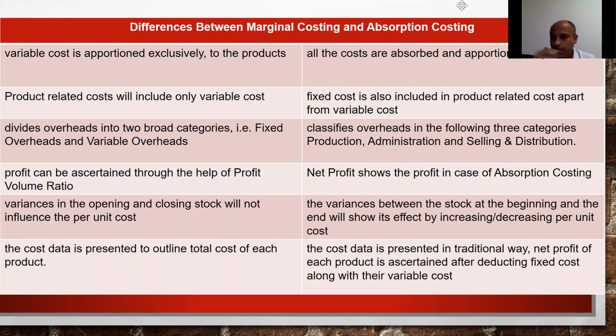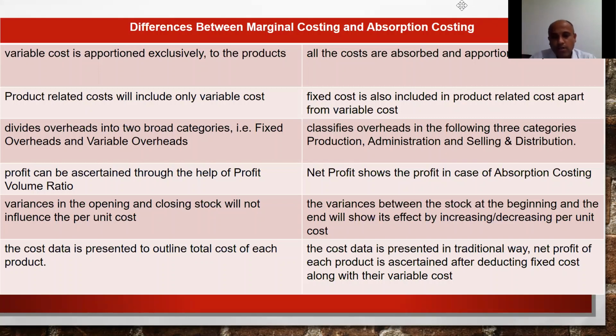Now one point, we have two costs here, variable cost and fixed cost. This is the question for you guys. Product cost means it will be included in the product. Period cost means it is not included in the product. Now according to you, which cost is the product cost and which cost is the period cost under marginal costing technique? I'm waiting for the answers.